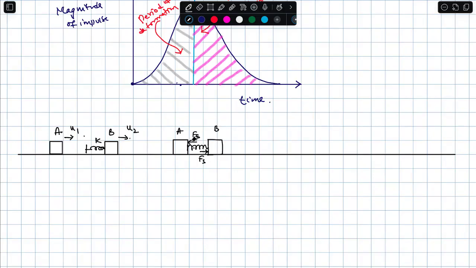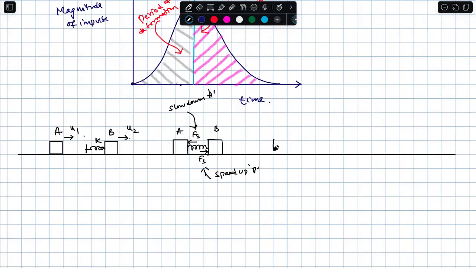Now, can you please tell me what is the influence of Fs on A? Yes, this will slow down U1. See, this Fs slows down A, and this Fs speeds up B. How long?